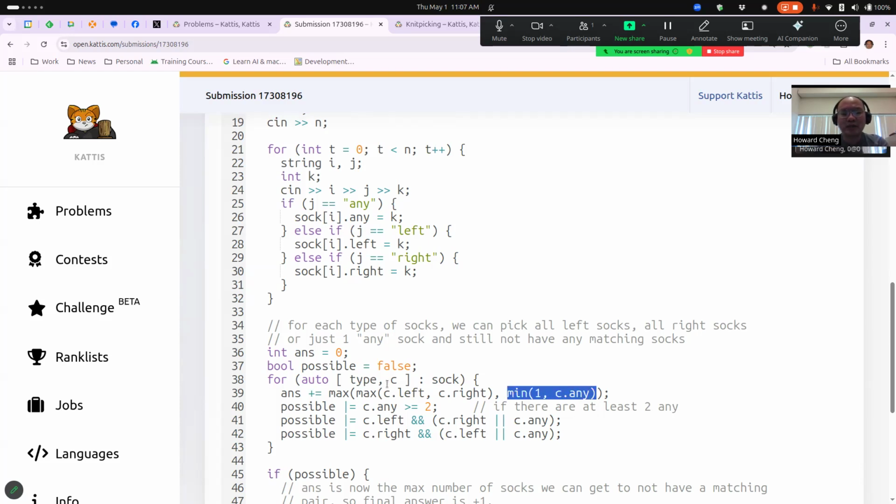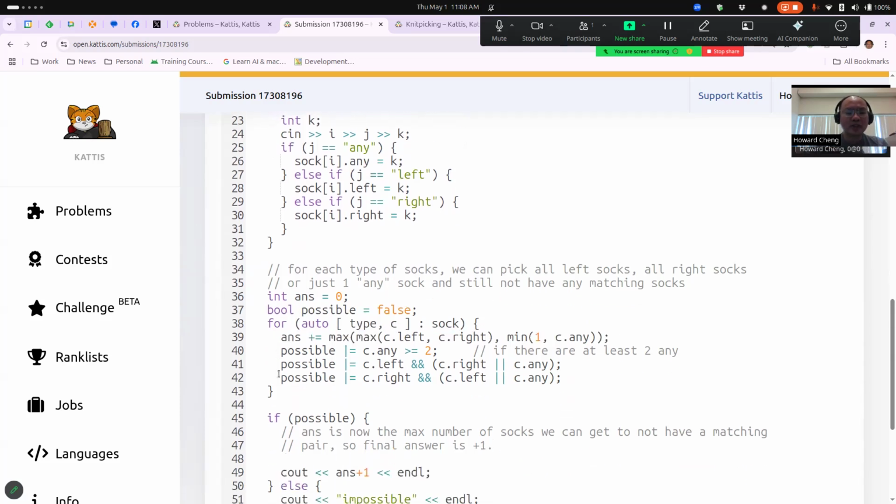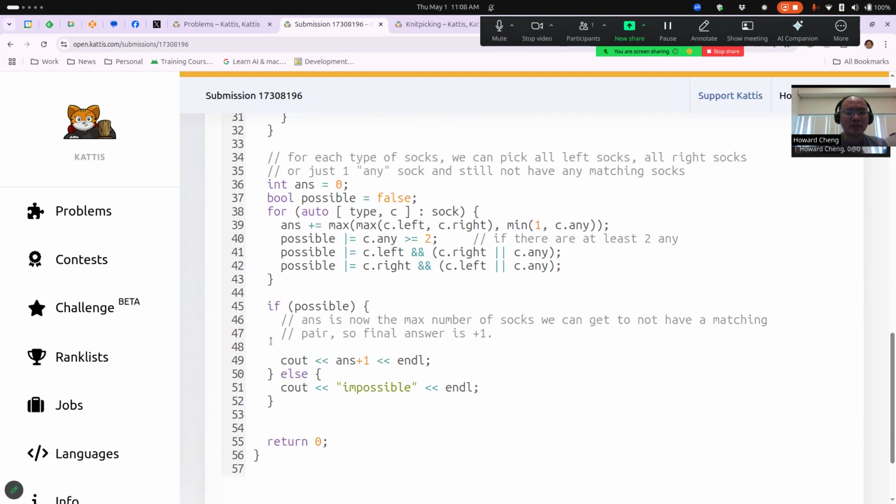And then I take the max of the three things. Either I can pick all left, I can pick all right, or I can pick one of the any. And of course, you only pick one of the any if left and right are zero. And that's the maximum number of socks I can pick from that type and still not have a match. Okay, we'll ignore that possible for now. And if it's possible, then I just take that answer plus one, and that's my answer.